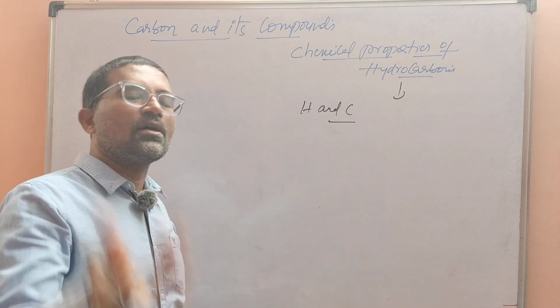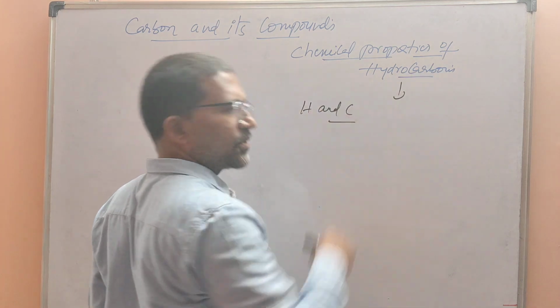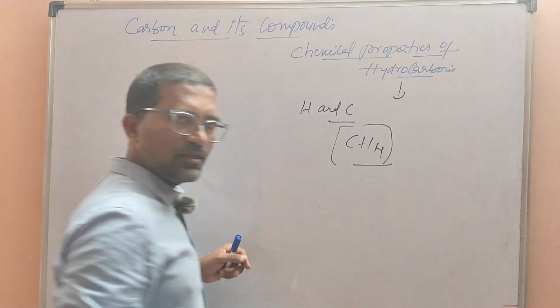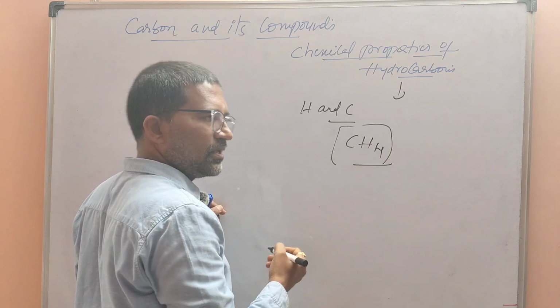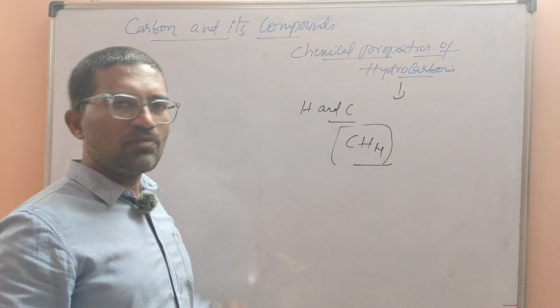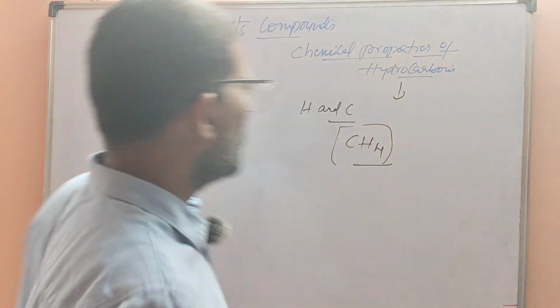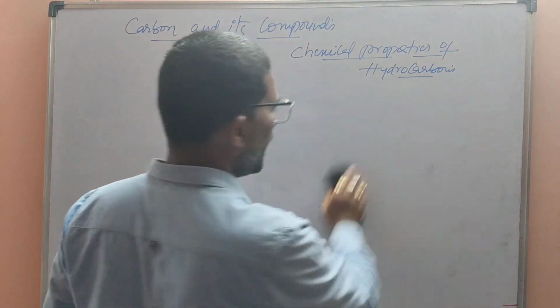Carbon containing compounds are called carbon compounds. For example, CH4, which is nothing but methane. It is a hydrocarbon because it contains hydrogen as well as carbon. In this formula, we have 4 hydrogens and 1 carbon. So, we are going to discuss different chemical properties related to these hydrocarbons.